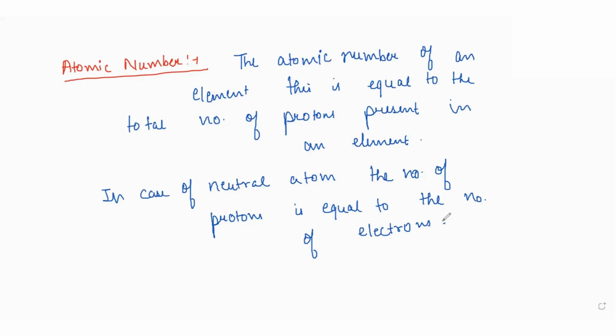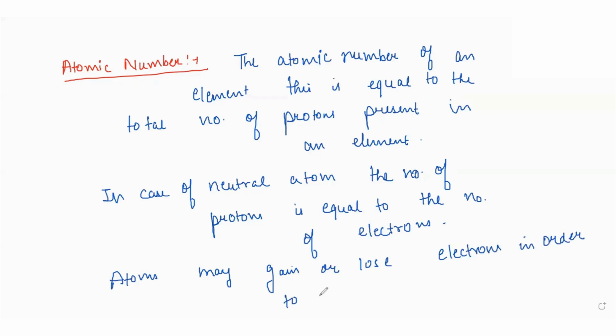Atoms may gain or lose electrons so that their stability can be increased. So why do atoms gain or lose electrons? They may gain or lose electrons in order to increase their stability.